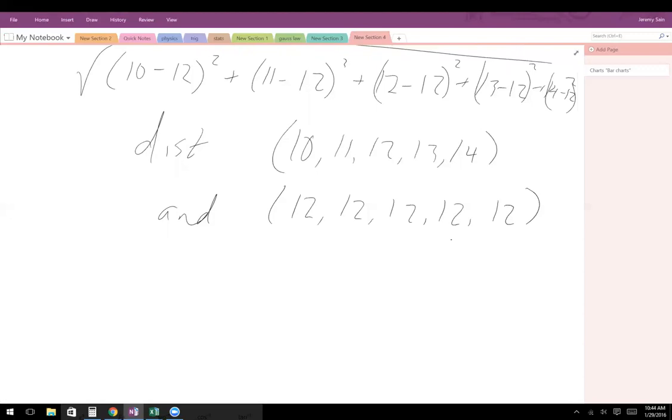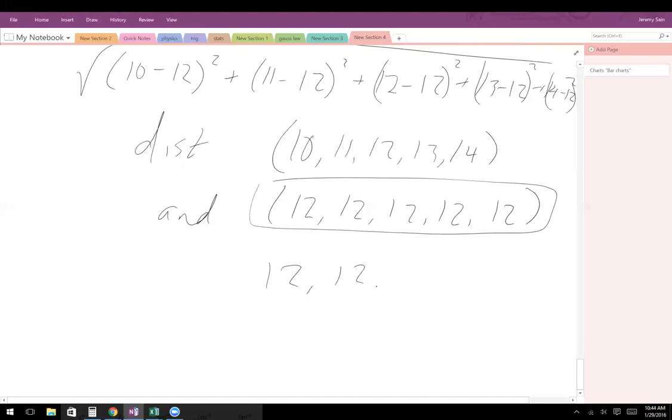So why does that seem like a good thing to do? Well, what if our data was 12, 12, 12, 12, 12? Is that data all pretty spread out, or all pretty close to the mean? Yeah, everybody's equal to the mean. So if there's anything in the world that should not have any standard deviation, it's the same number repeated a whole bunch of times.